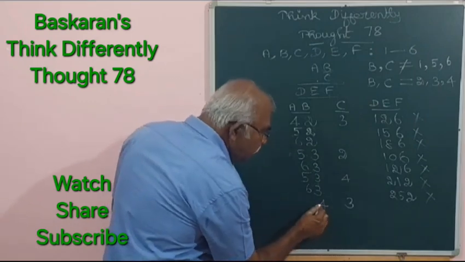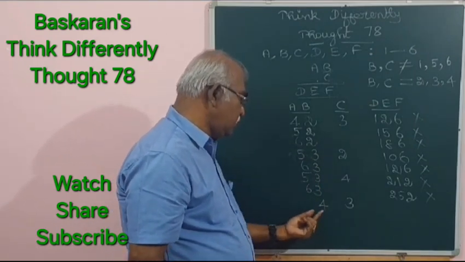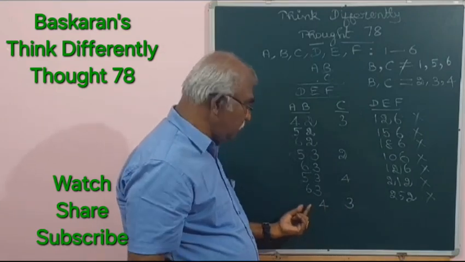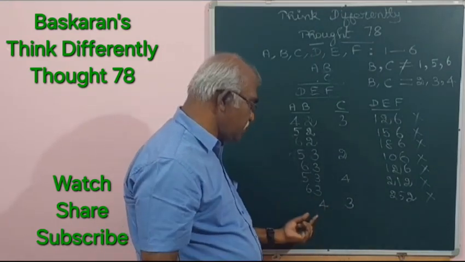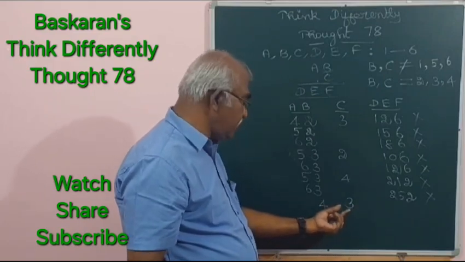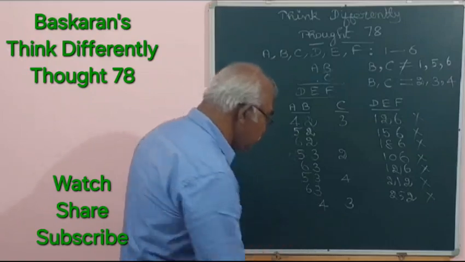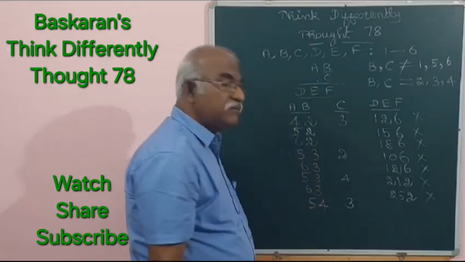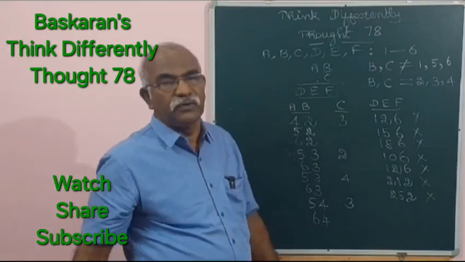So when you have 4, you can start with 1, you cannot have 24, because on multiplication you won't get a 3-digit number. 3 you have already here, so you cannot have 3. 4 you have, so you cannot have 4 here. So the only possibility is 54 and then if possible 64.